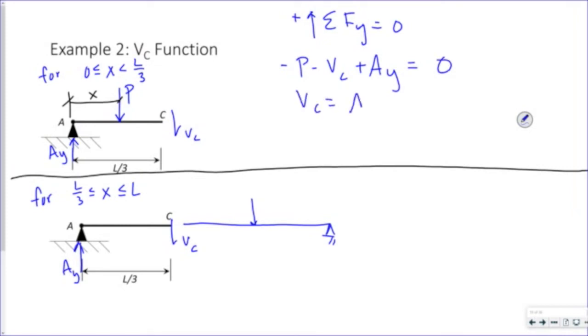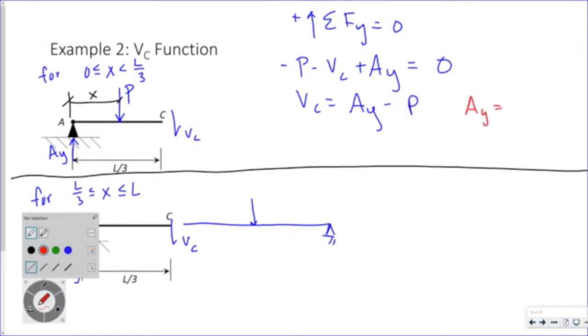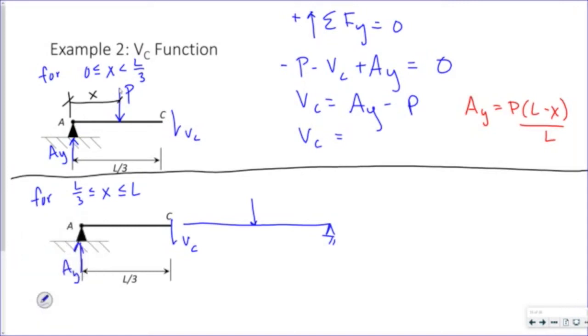So my shear is equal to AY minus P. And on my last slide, you can go back and check, AY is equal to P times L minus X over L. If I substitute in there, my shear at C, if my load is located in the first third of my beam length, is P times L minus X over L minus P, which is P L over L minus PX over L minus P. Those are the same.